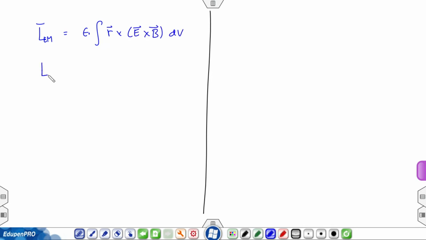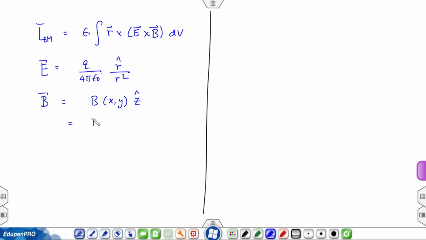dV, where E is going to be q over 4 pi epsilon 0 r unit vector over r square. B is given to be B x y, it depends only on x and y in the z direction. So, you can say that this does not depend on theta.